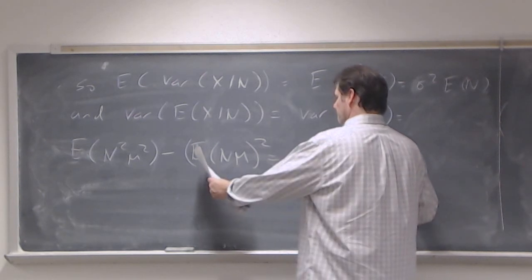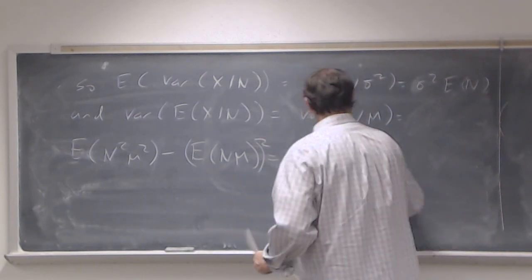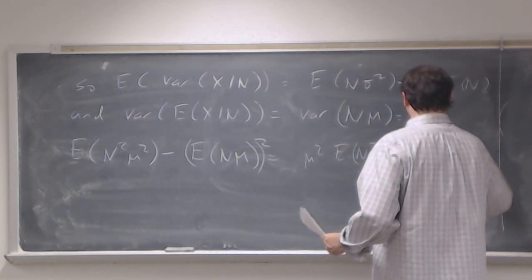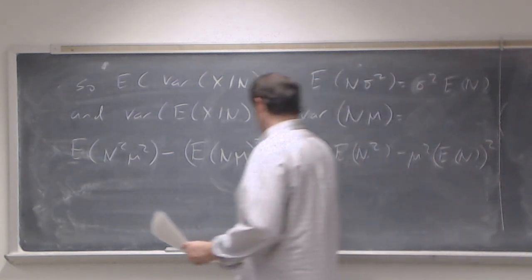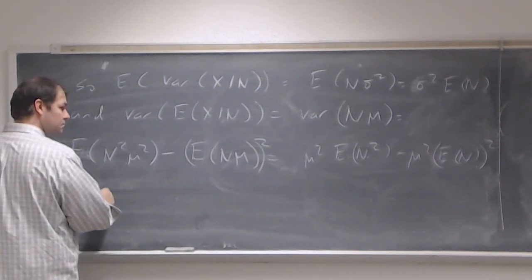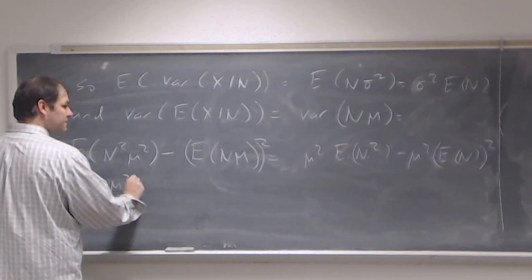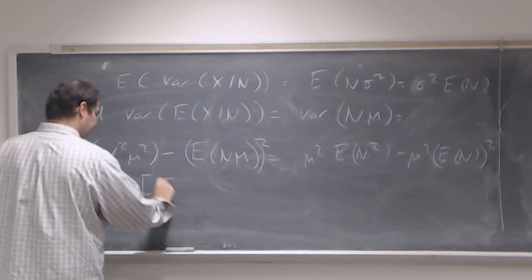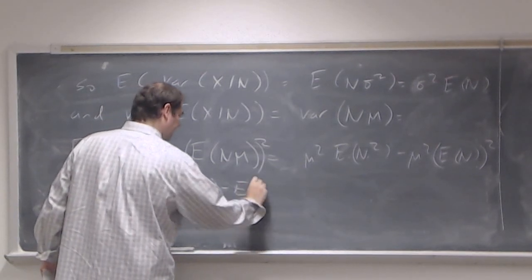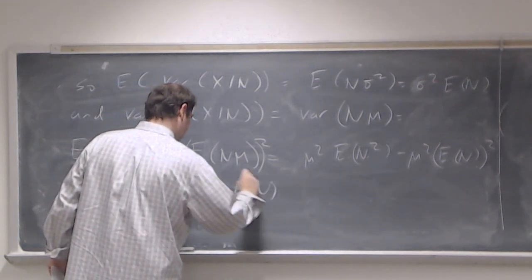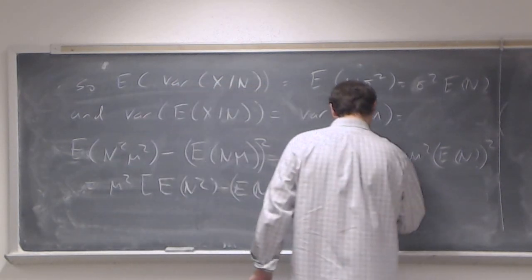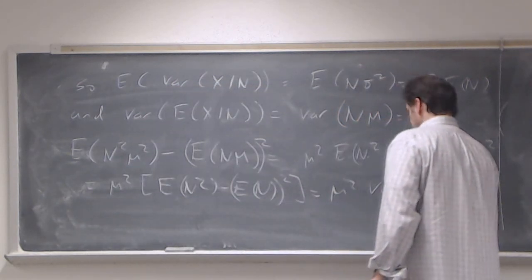Here I can pull out a mu, and then I need to square it. So this is going to be minus mu squared times the expected value of N, all that squared, which is equal to mu squared times the expected value of N squared minus the expected value of N squared, which equals mu squared times the variance of N.